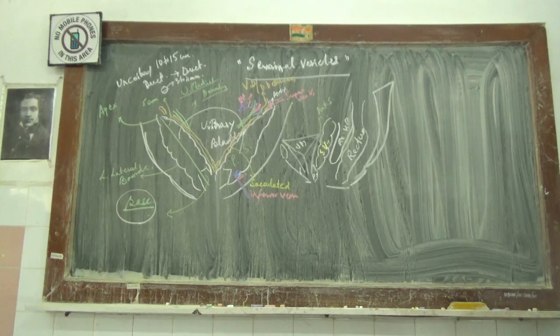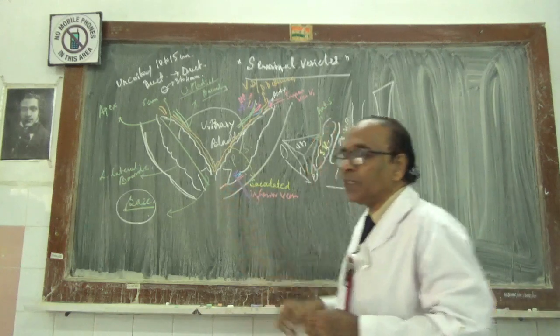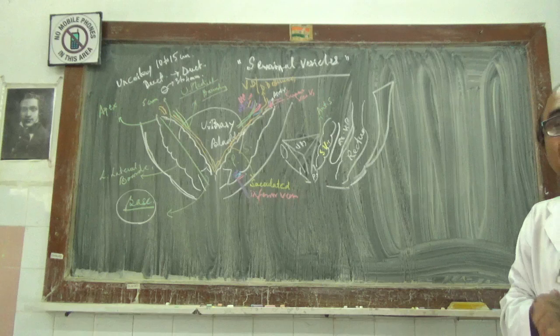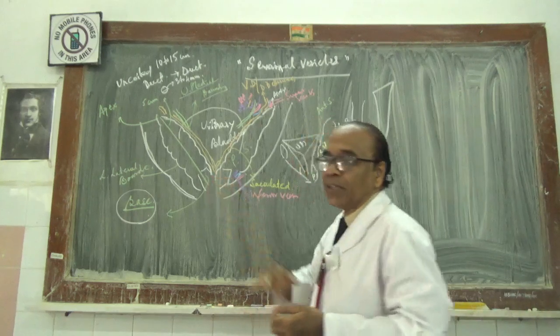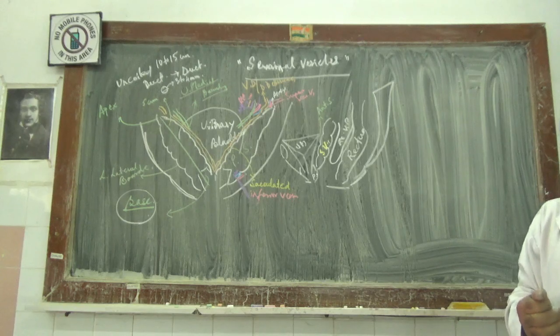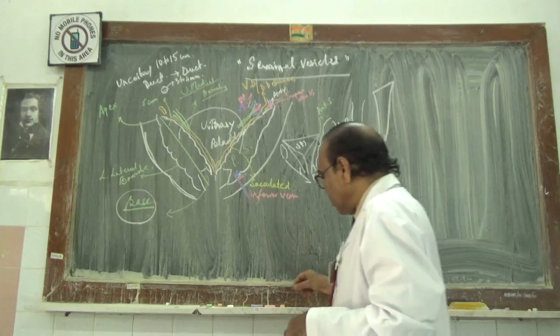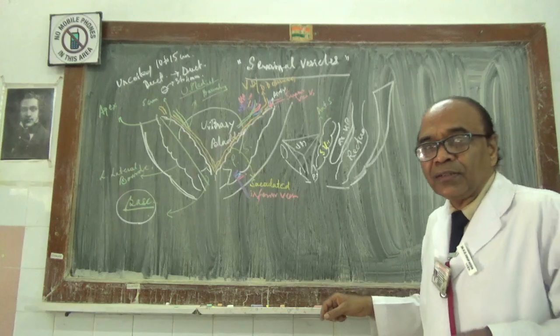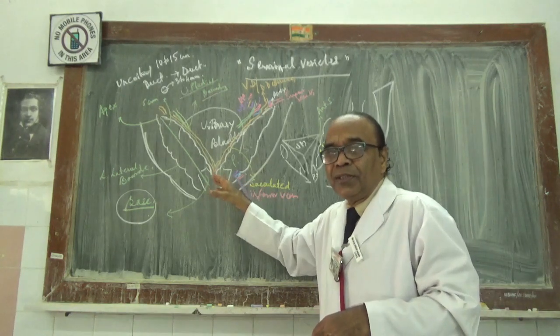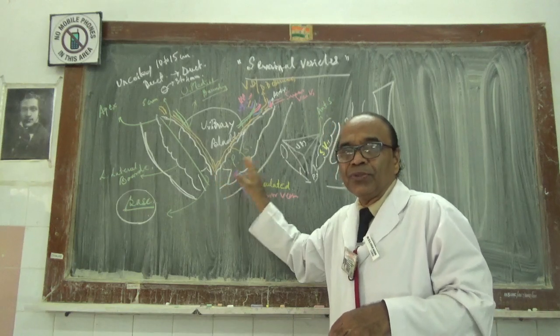This diverticuli will join the duct of the seminal vesicles and give way for the formation of the ejaculatory duct, which in turn opens into the prostatic utricle, which is present in the prostatic part of the urethra.